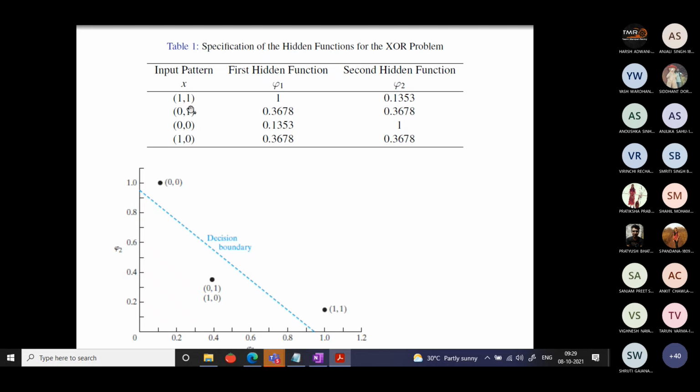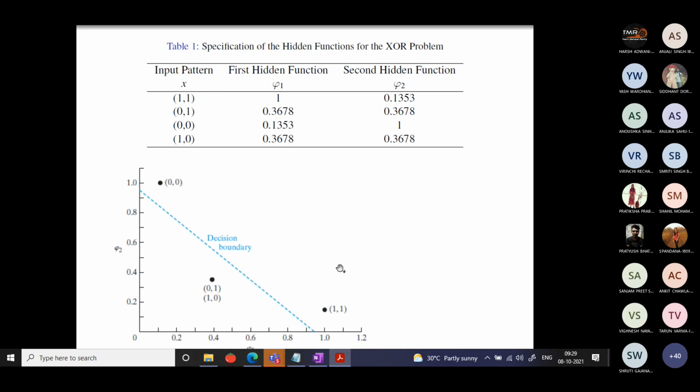Likewise for 0, 1, phi 1 was 1, and phi 2 was 0.1353, that is in the y direction, so it is here. And for the other values, either 0, 1 or 1, 0, it was lying here, that is 0.3678, 0.3678, like this.